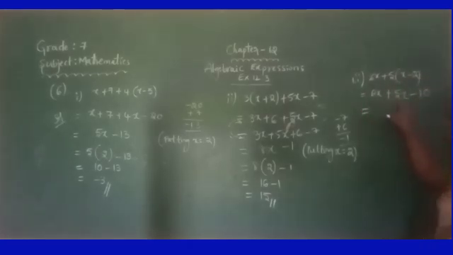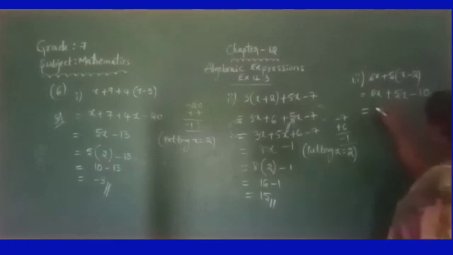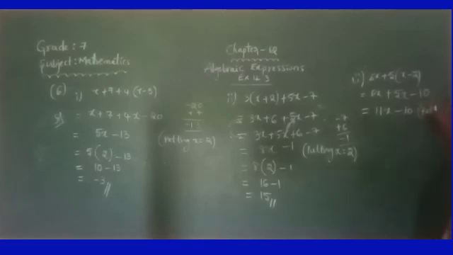Now 6x plus 5x, 6 plus 5, 11x minus 10. Here also we have to put the x value equal to 2. Substitute 11 into 2 minus 10. 11 twos are 22 minus 10. 22 minus 10 is equal to 12.